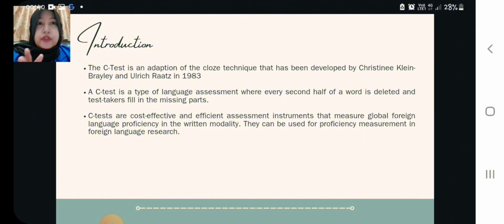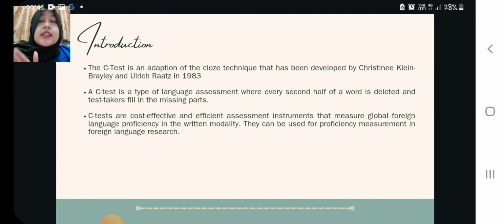C-tests are often used in large-scale language assessment due to their efficiency and reliability. And next, C-tests are cost-effective and efficient assessment instruments that measure global foreign language proficiency in the written modality. They can be used for proficiency measurement in foreign language research.